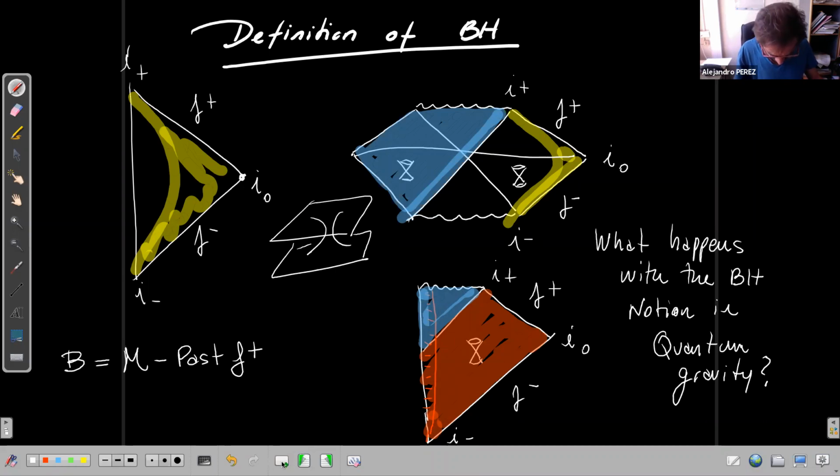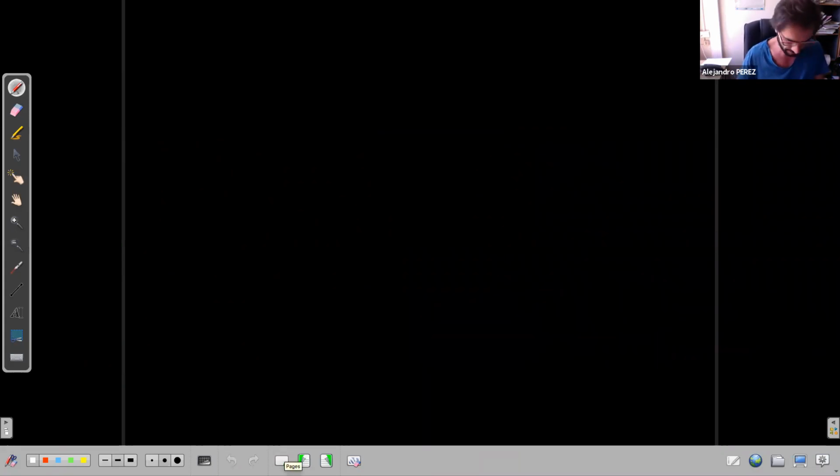Okay, so this is the global structure of Schwarzschild, written in terms of Carter-Penrose diagrams. Carter-Penrose diagrams, of course, are somehow misleading because remember that it's just a two-dimensional description of space-time that is actually four-dimensional. So obviously there is some information that is lost when you do these diagrams, but they are extremely useful to have discussions about black holes.